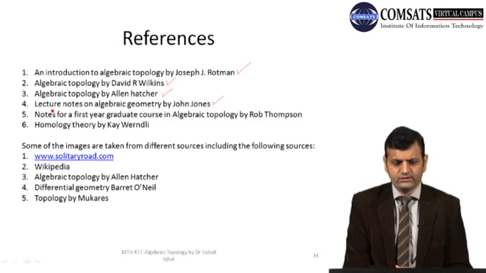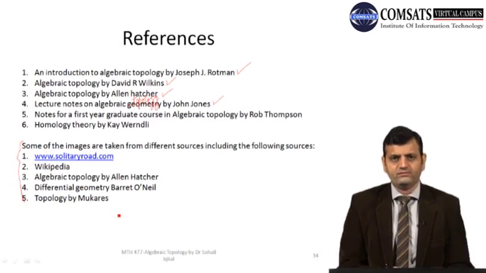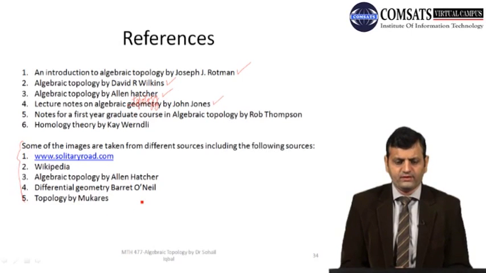On the fourth, we have been following the lecture notes on algebraic topology by Professor John Jones, and we have also been following notes for a first year graduate course in algebraic topology by Rob Thompson, and in the sixth we have been following Homology Theory by K. Wandeli. We have been using some diagrams throughout this course.